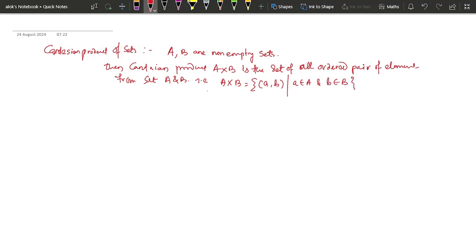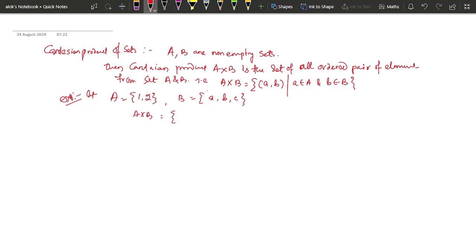For example, let A be the set whose elements are 1 and 2, and in set B the elements are a, b, c. Then what will be the Cartesian product?